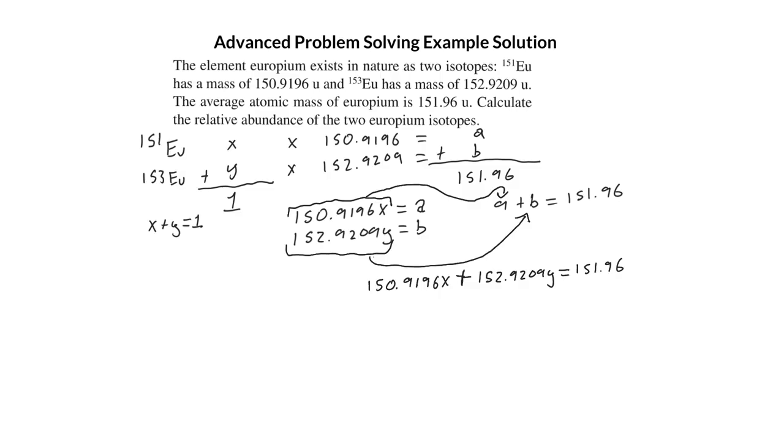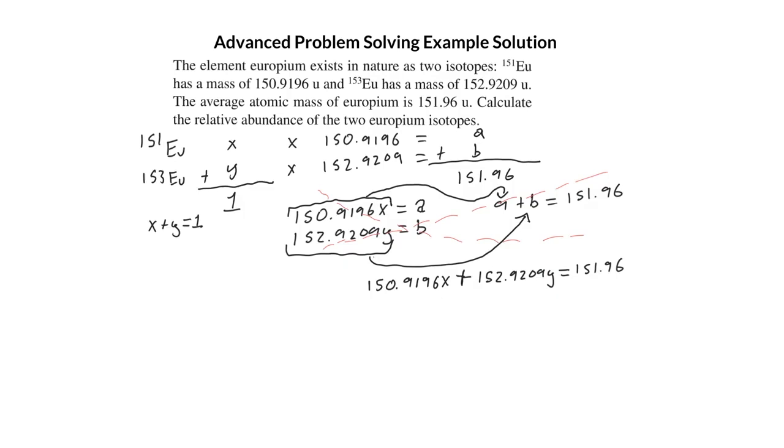Now, we can essentially forget about these right here and focus on this equation and this equation. What we want to do is get an equation that isolates one of these variables, x or y, and solve for that variable. Once we have that one variable solved, we can plug the answer back into the equation and solve for the other.